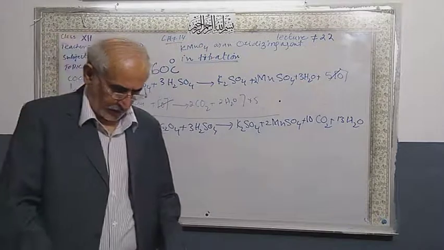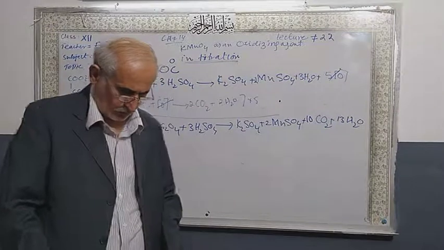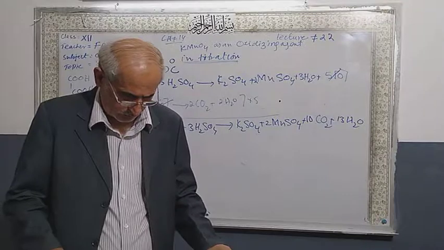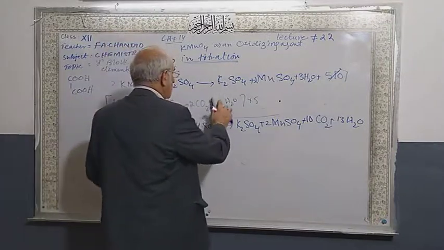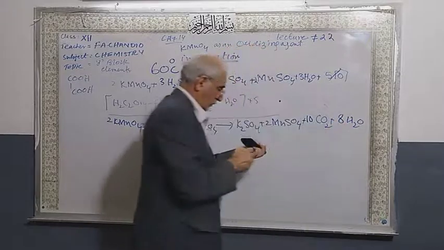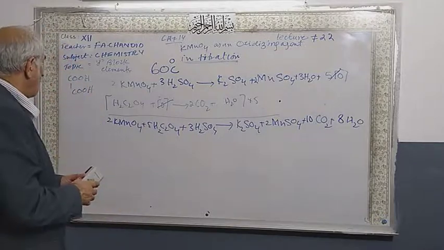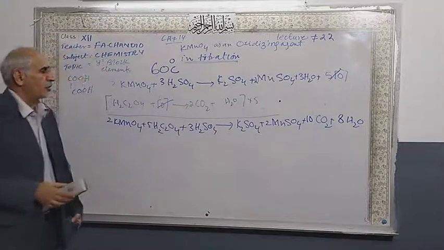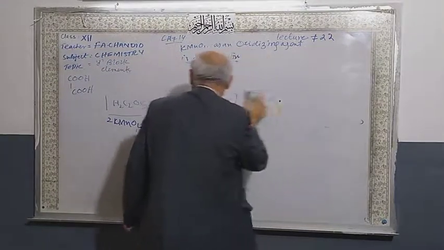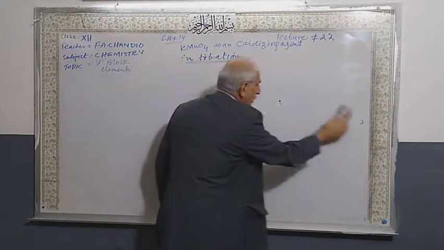Write this down. So this is about the titration of oxalic acid: how potassium permanganate acts as an oxidizing agent, and oxalic acid is itself going to be oxidized.